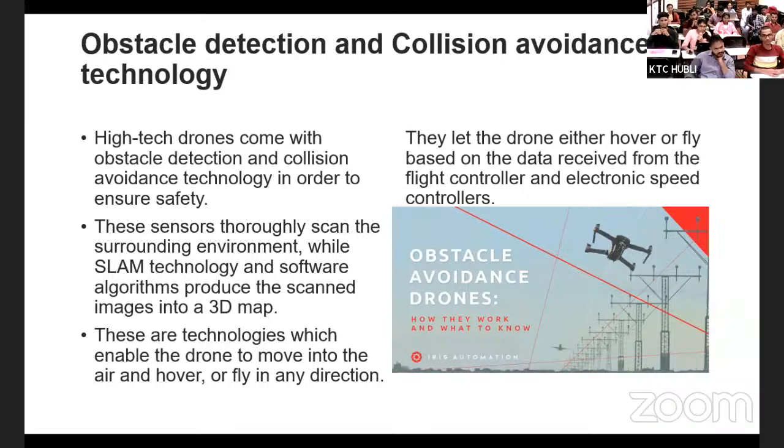These are the technologies which enable the drone to move into the air and hover or fly in any direction. They let the drone either hover or fly based on the data received from the flight controller and electronic speed controllers. And next, the working principles of drones are explained by my team member Joel.